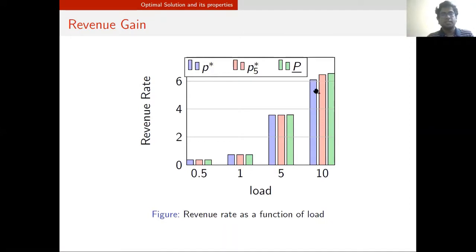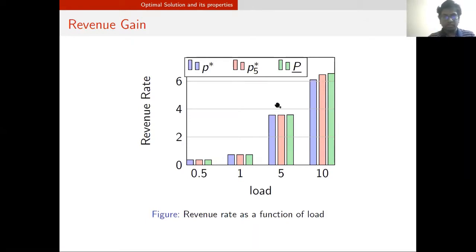Now you can see that the actual optimal price is always better than the other 2 prices, and this improvement is pronounced in the case where the load is high. And remember that load is arrival rate divided by service rate. So as you push your system towards higher load, towards a resource starved scenario, you get more and more benefit out of non-uniform pricing.